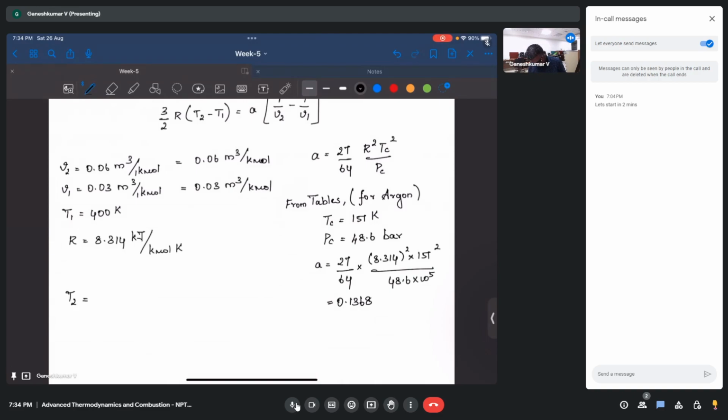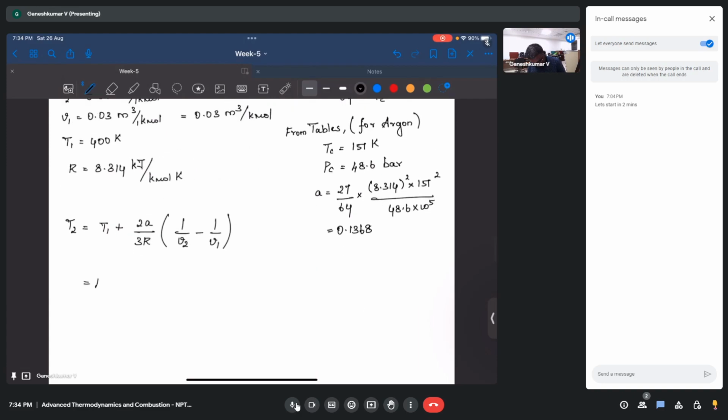T2 is going to be T1 plus 2A by 3R into 1 divided by V2 minus 1 divided by V1, which is equal to 400 Kelvin plus 2 into 0.1368 divided by 3 into R, which is 8.314, and into 1 divided by V2, 0.06, minus 1 divided by 0.03.